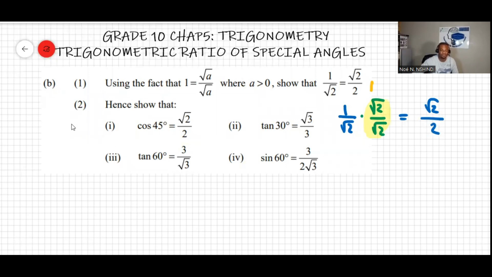Question B2 says hence show that cos of 45 is root 2 over 2. As we proved that in the previous question, and we've seen in previous videos, cos of 45 degrees, if we use the triangle, let me start by drawing the triangle here.